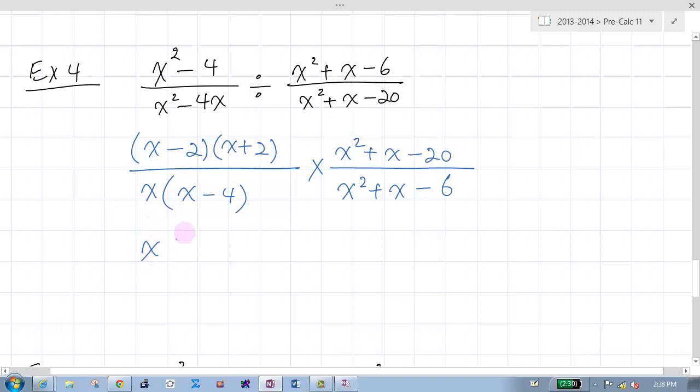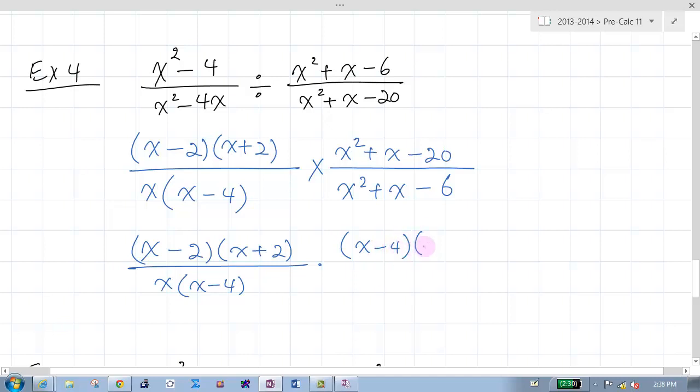So the first one was x minus 2 times x plus 2 over x times x minus 4. Now the second one becomes x minus 4 times x plus 5 in the factored form over x minus 2 times x plus 3.